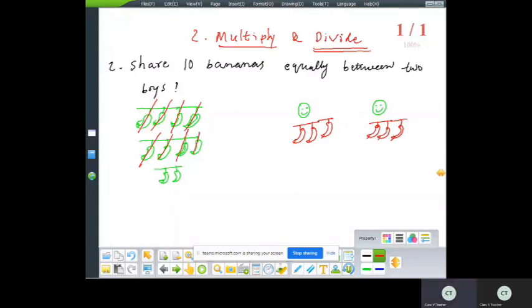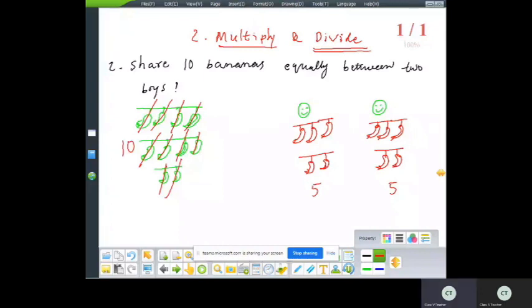Remain these 2 bananas. And finally, remain 2 bananas. Yes. First boy got 5 bananas and second boy also got 5 bananas. The total bananas are 10.